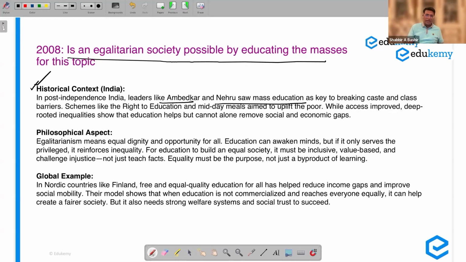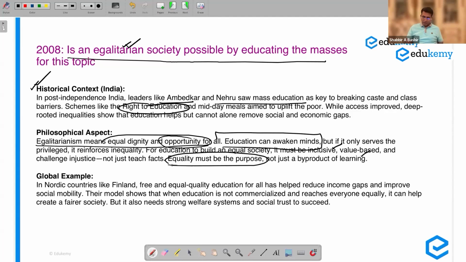How Ambedkar saw education as the basis of developing a more equal society. Right to education is a very important part. Philosophical aspect: egalitarian means dignity for all, opportunity for all. Education can awaken the mind. Education has to be inclusive, value-based.